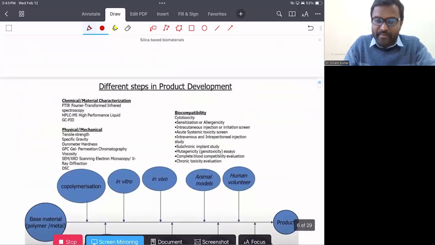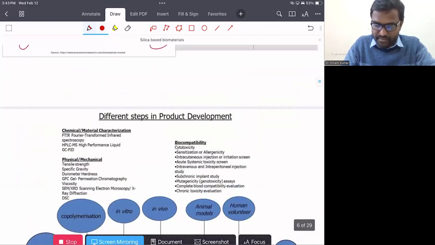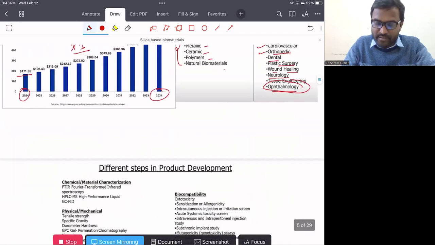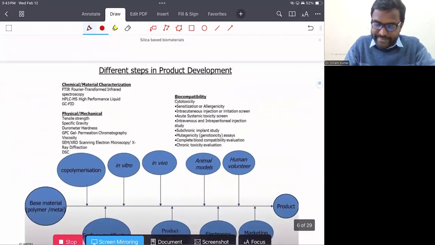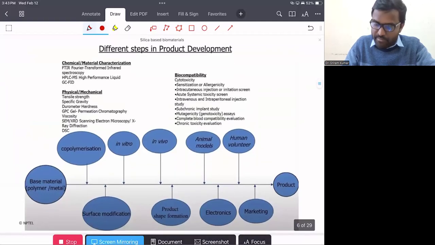So whenever we want to develop a product, and if you're looking for a career in biomaterials, we should know what the key steps in the development of this product are. If you want to develop a product based on a polymer or a metal, and suppose you want to use polymer or composite materials, then we need a copolymerization process.